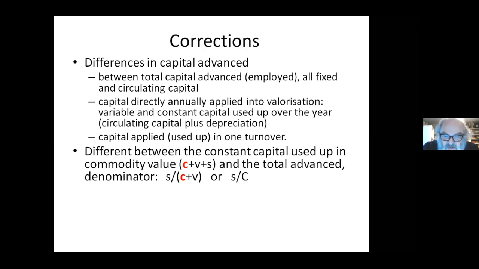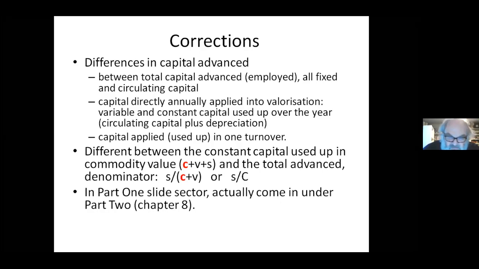That C is quite different to the other C, which is the constant capital tied up with the factory and the fixed capital, the infrastructure of the process. And it's that second C which is the one that matters for the rate of profit. So there is a difference between the total capital advanced and the capital which is used up and passes directly over to the commodities.